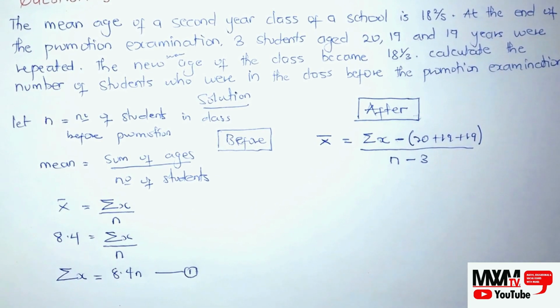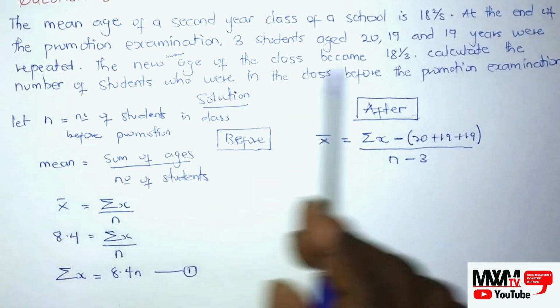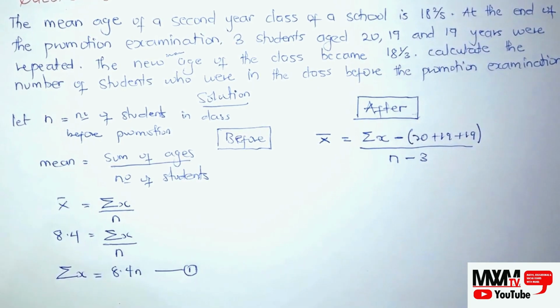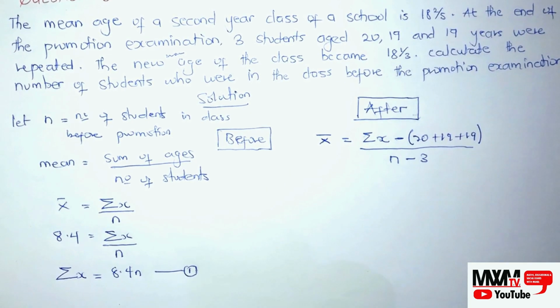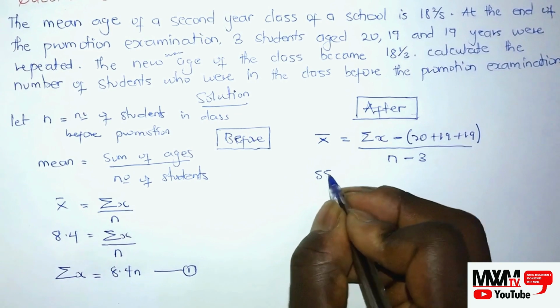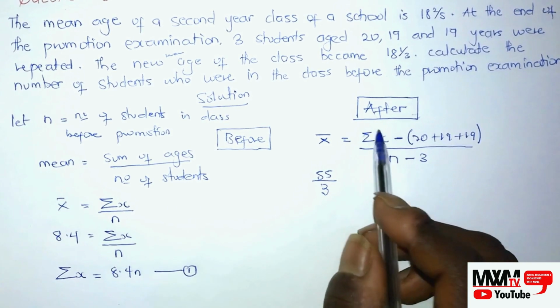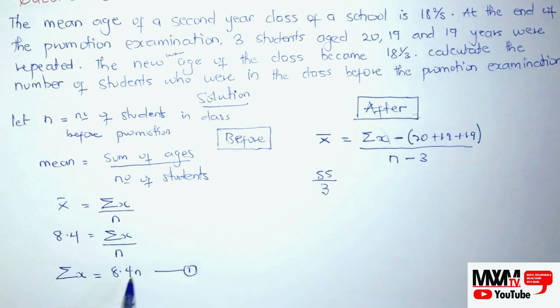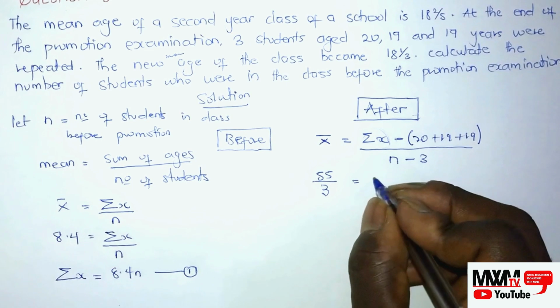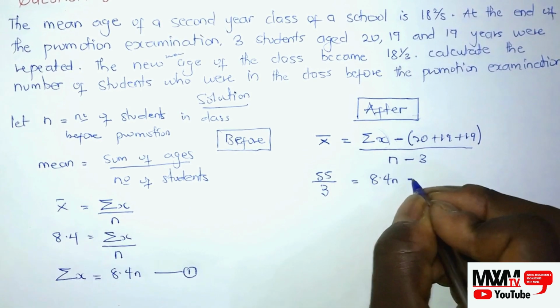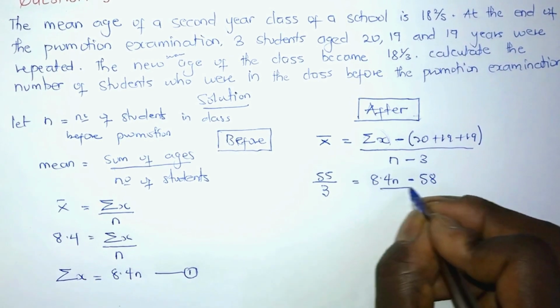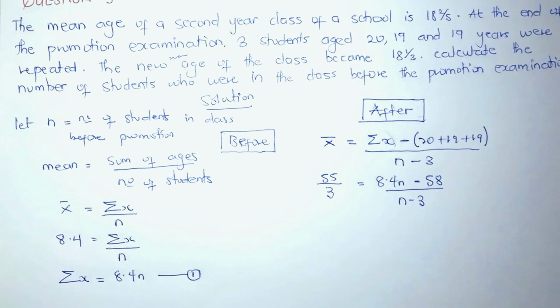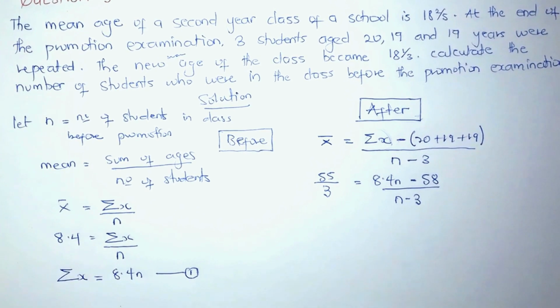The question says that the new mean became 18 whole number 1/3, which is 55/3. Now the sum of ages, we know it here, which is equation 1, and that is 18.4n. So 18.4n minus 20 plus 19 plus 19, which is 58, divided by n minus 3. So from here, all we want to do is to calculate for n.